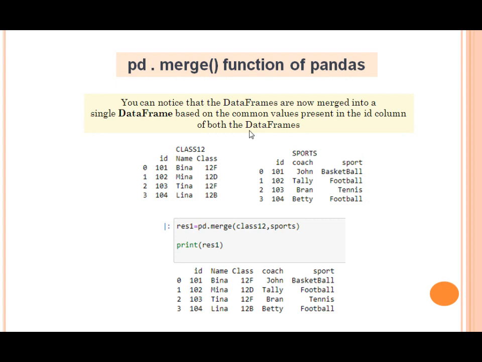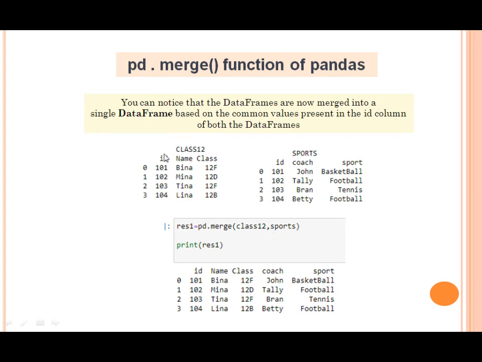Just see here, class 12 and sports, two data frames are there. So when I put pd.merge, what happened? Class 12 comma sports. Class 12 is the left table and sports is the right table. So these two tables are merged according to their common columns. Clear? So their common column is id.